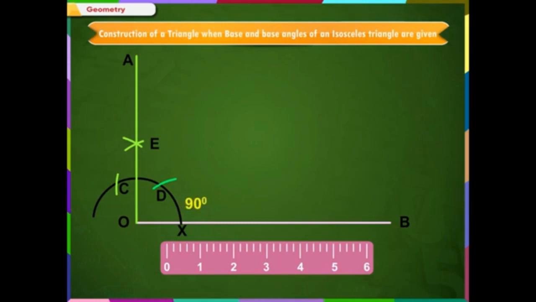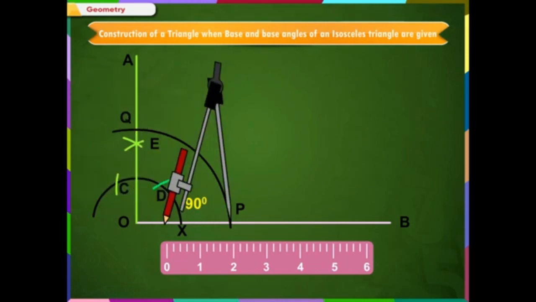Step 7. Now to construct a 45 degree angle, we will construct the angle bisector of the above angle AOB, and it is done in the following steps. Use the compass, open it to any convenient radius, and with O as center, draw an arc which cuts line segment OB at P and OA at Q. Step 8.